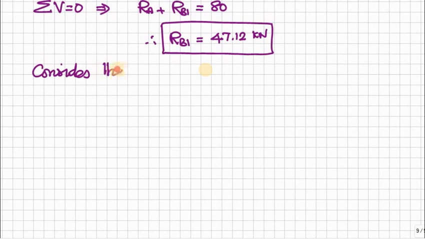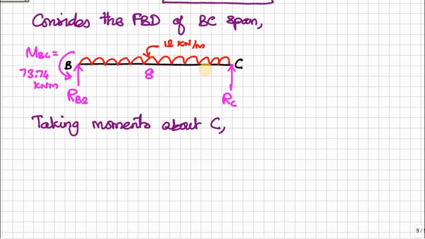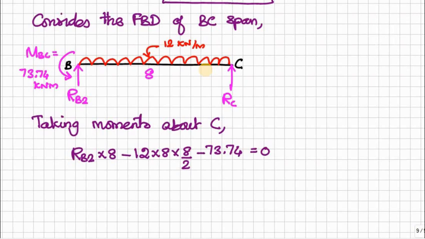Now consider the other span, the free body diagram of BC. Here moment at C is equal to 0. Now taking moments about C or B, in our case we consider the support C. Therefore, RB2 into 8 meter is positive, minus 12 into 8 into 8 by 2 is negative, then 73.74 negative is equal to 0.